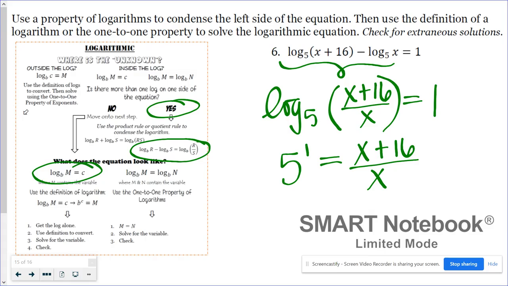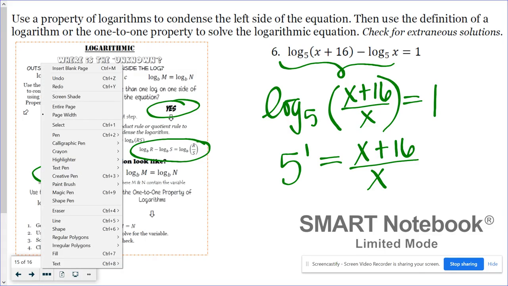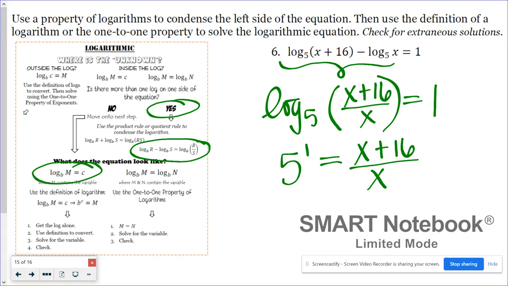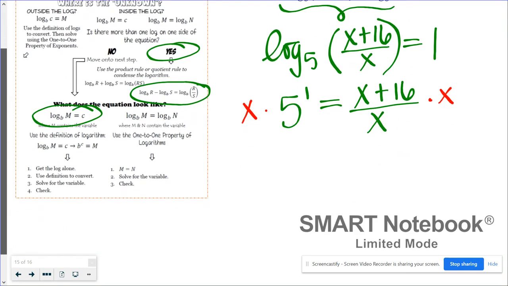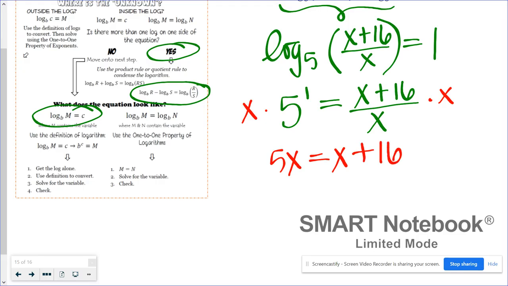Okay, this is a really simple rational equation to solve. I simply have to multiply both sides by the denominator to get rid of it. So then I have 5 times x is equal to x plus 16. Okay, and that would give me 4x is 16, therefore x is 4.